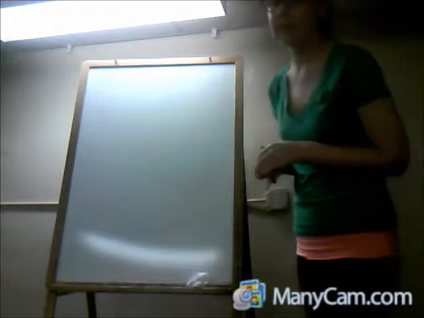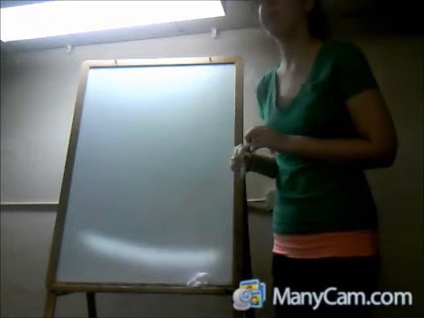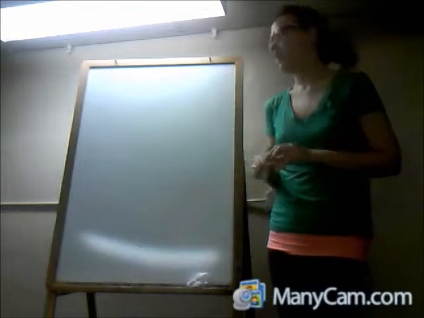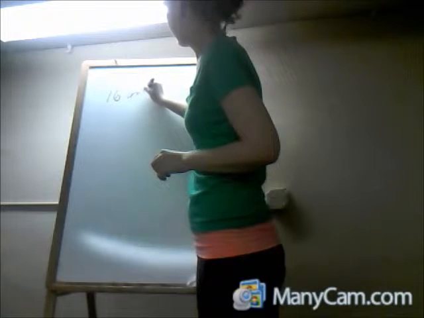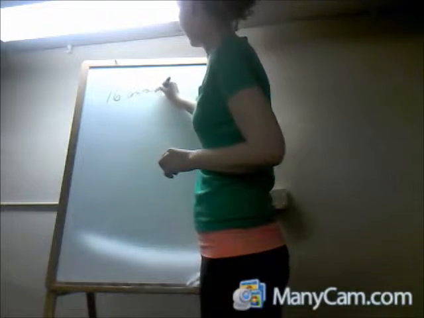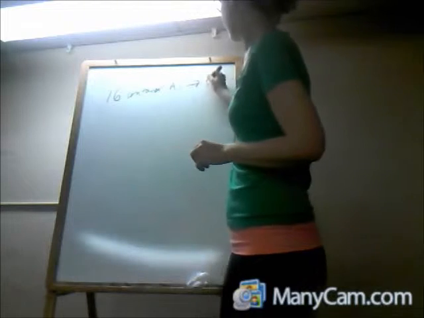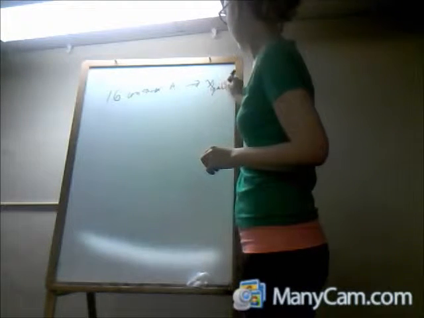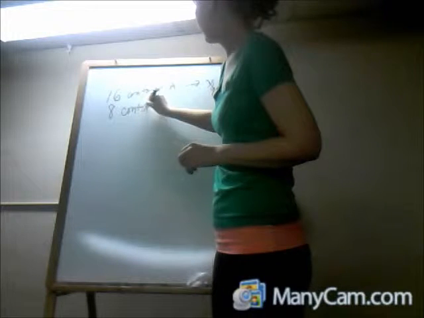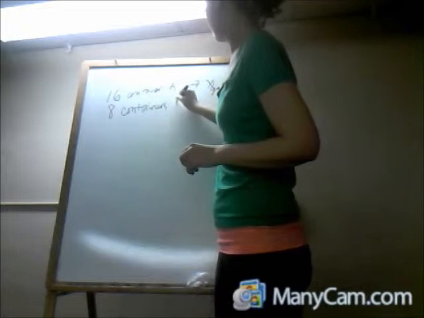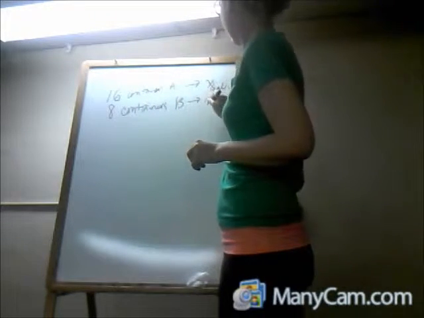And so then they're asking, what is the capacity in gallons of each of the larger containers? So 16 containers, say, container A, go to X gallons. And then 8 containers B go to X gallons.